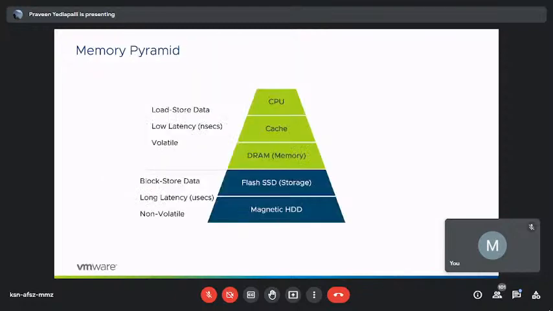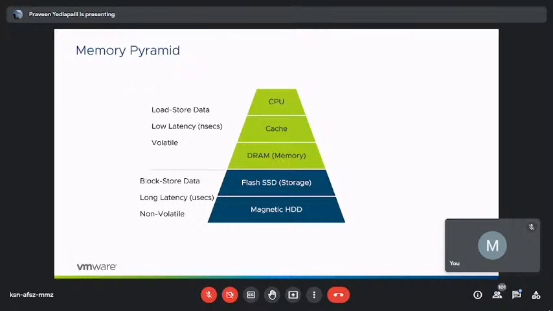All the processing in a computer happens in the CPU, but all the data in the computer resides either in memory or storage. Here I am showing the difference between memory in the green and storage in dark blue. The main difference is to access memory, you do load store instructions, CPU instructions.